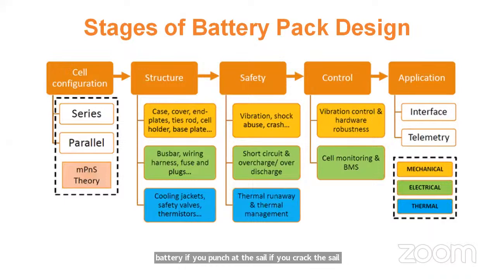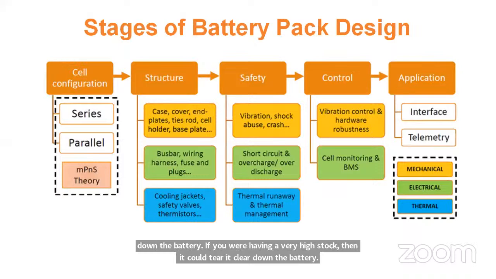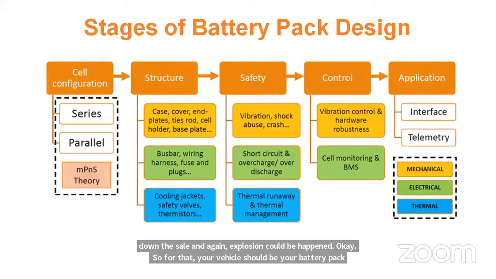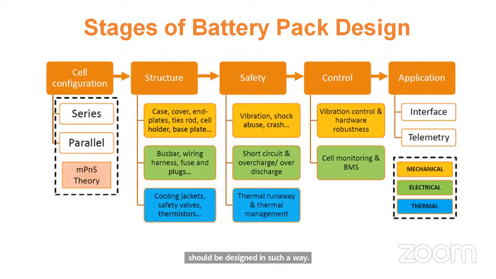Okay, if you have a very high shock, then it could tear the cell, and again an explosion could happen. So your battery pack should be designed in such a way that it withstands the vibration, the shock abuse, and the crash. For that reason we have to use different materials and add different structural features to the battery pack casing, pack cover, and battery pack structural parts.